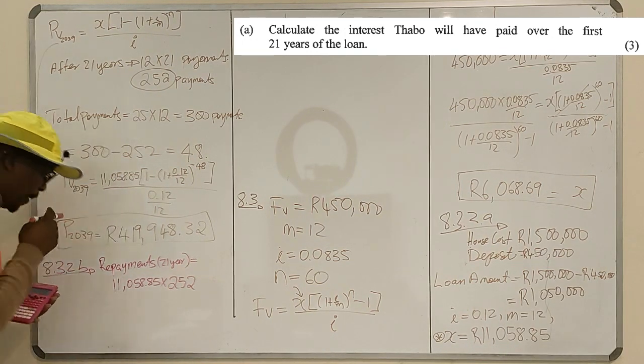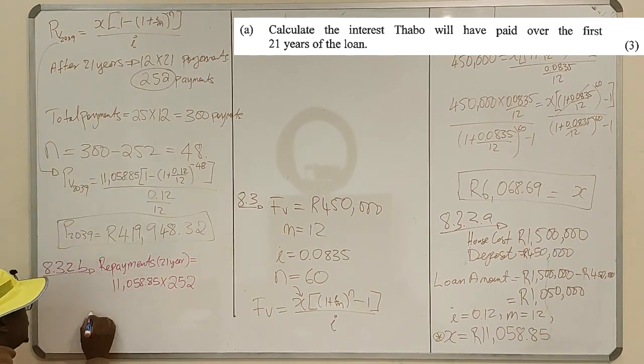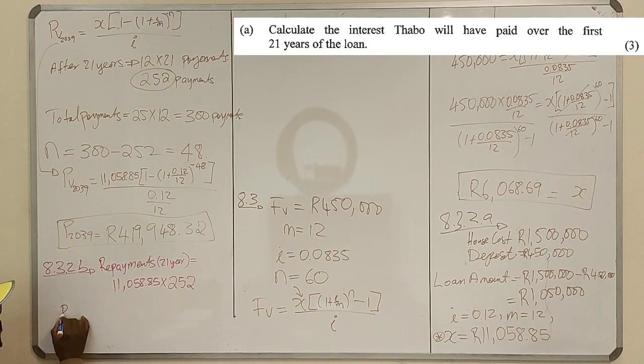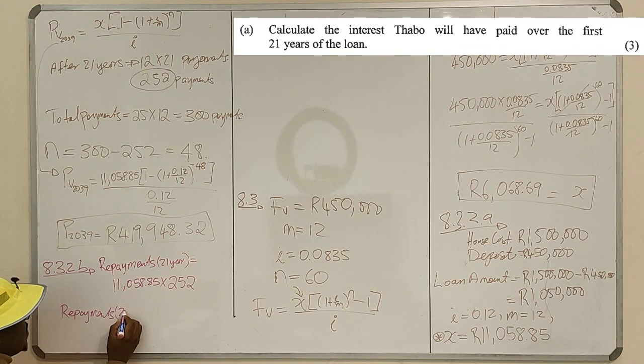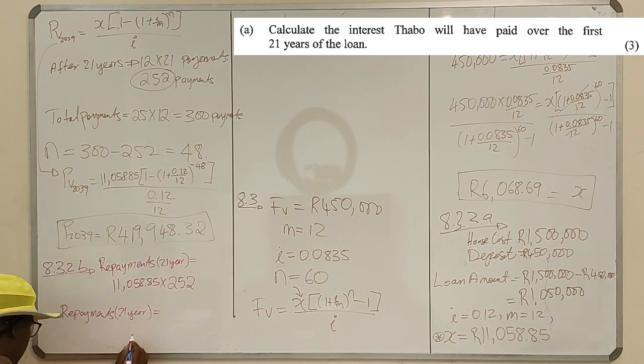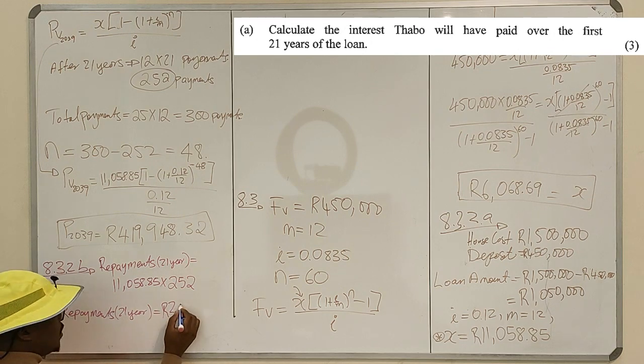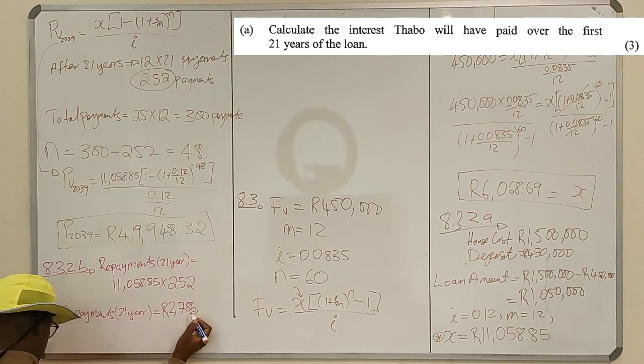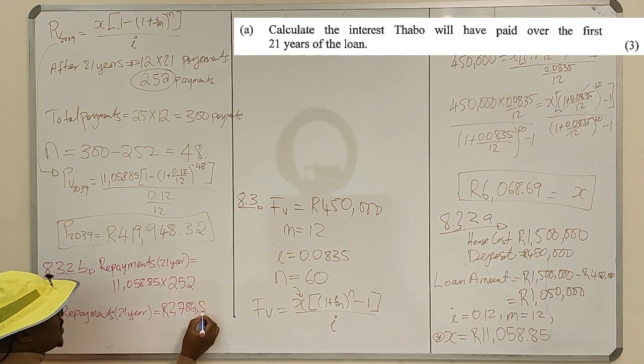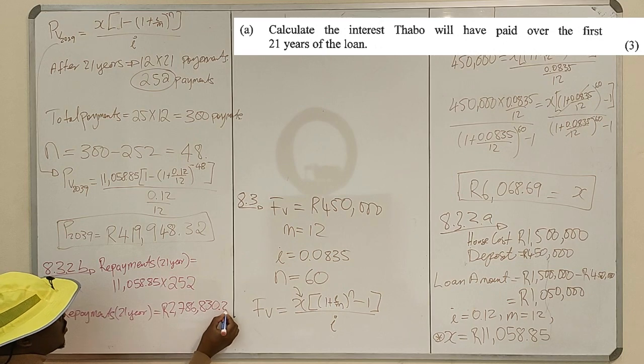Right? So in total, the repayments on that 21 years are adding up to 2,786,830 rands 20 cents.